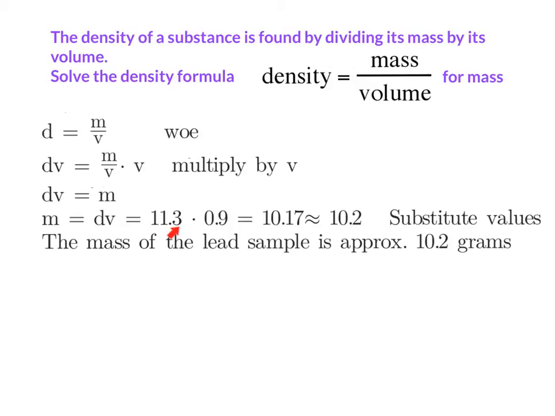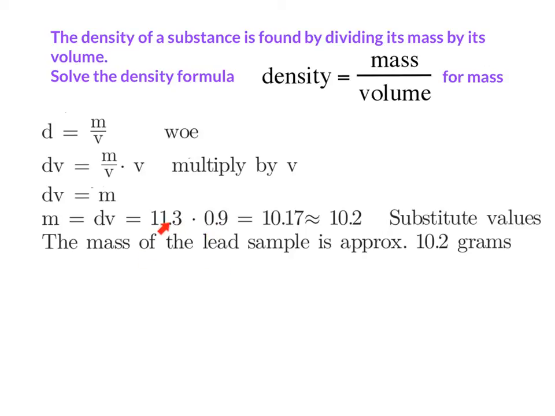Oh, hang on, that's the next part. Let me read that to you. The next part asks you to use the new formula to find the mass of a lead sample that has a density of 1.3 grams per cubic centimeter and a volume of 0.09 cubic centimeters, and then round to the nearest tenth.